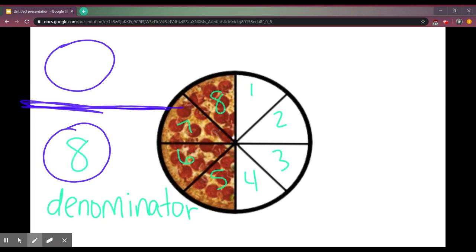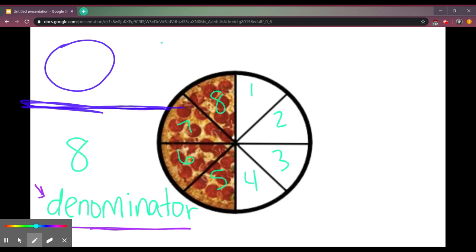So our denominator is 8 because the pizza was cut into 8 pieces. And you can remember that denominator is our bottom number by looking at the D. Maybe D for down. It's the bottom number. Denominator.